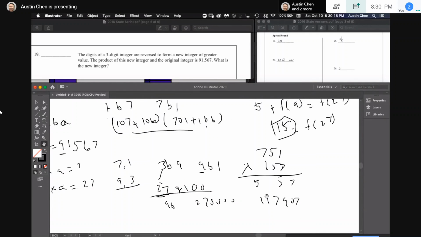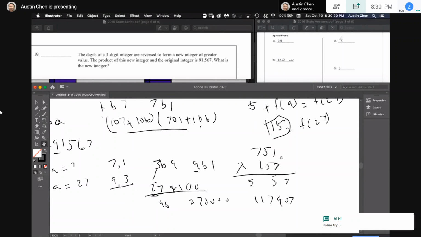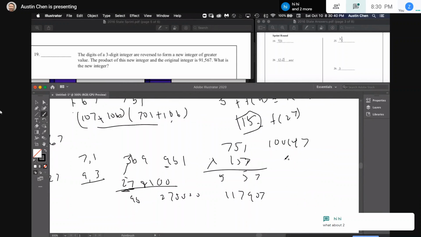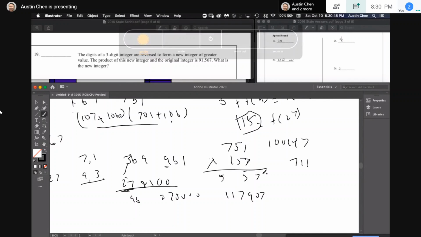So as to go lower, maybe we should test 3 now. If we multiply that out, then we get 100147 for sure. So then let's try 1.